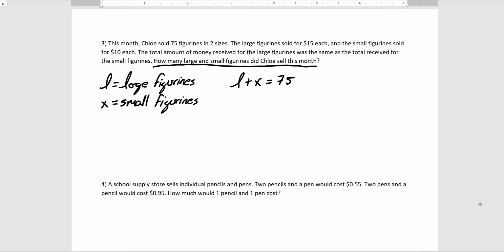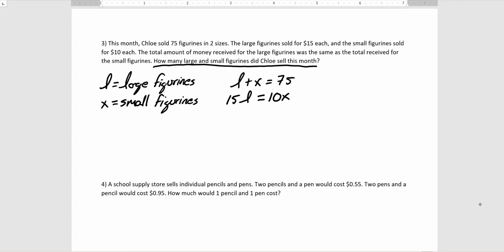And then it says the large figurine sold for 15, the small figurine sold for 10. The total amount of money received was the same. So that tells me that she got $15 for every large, and that equaled the amount of money that she got for $10 of every small. That's a key, all right?